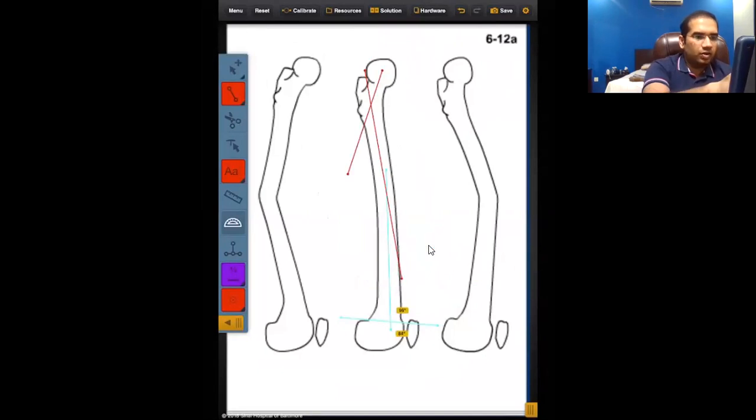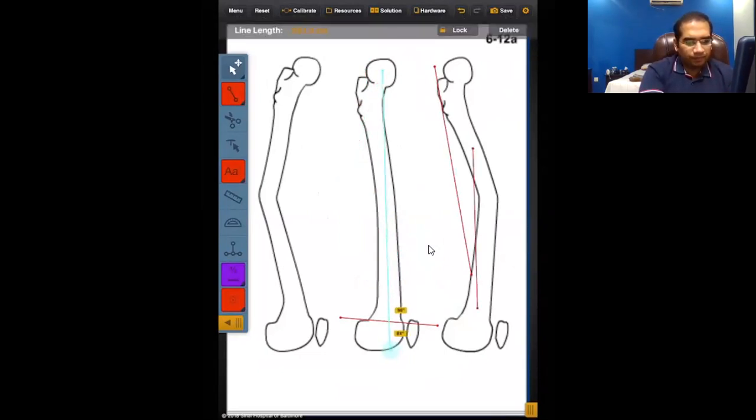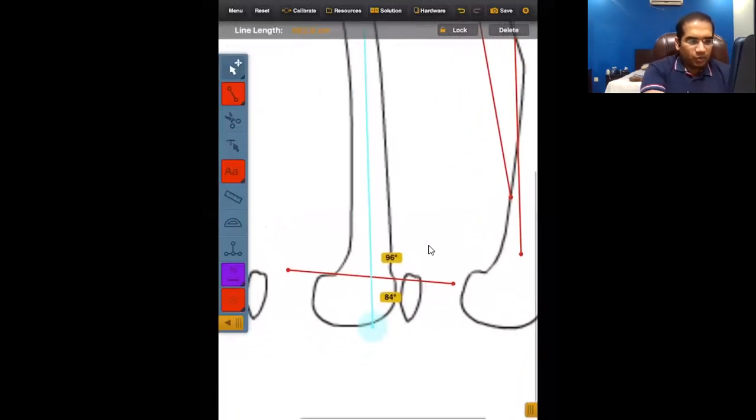Again, one thing that you can also do over here is draw a mechanical axis line. One thing which I forgot to tell you: what is the point where the anatomical axis line will join the distal femur?